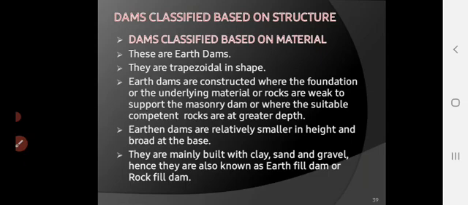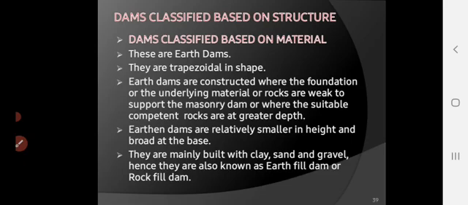Now, dam classification based on structures. Another classification is the earth dam, of trapezoidal shape. Earth dams are constructed where the foundation or the underlying materials or rocks are too weak to support a masonry dam. Earthen dams are relatively smaller in height and broad at the base.